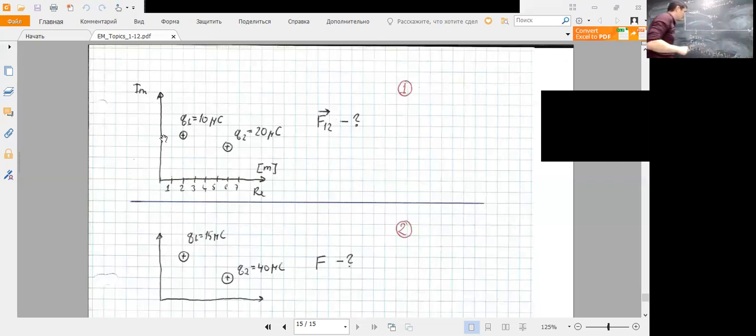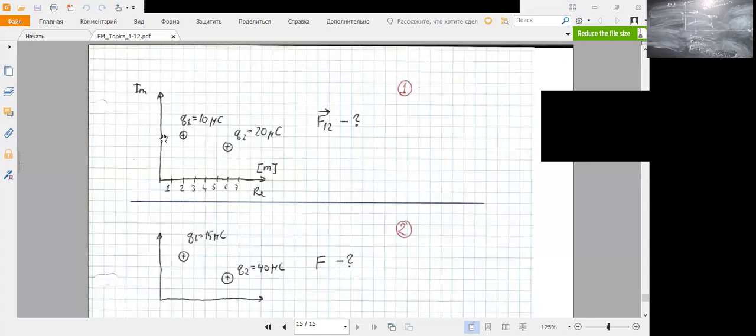This one means the unit vector, right? And this is equal to the R12 vector divided by the absolute value of R12, which is R2 minus R1.